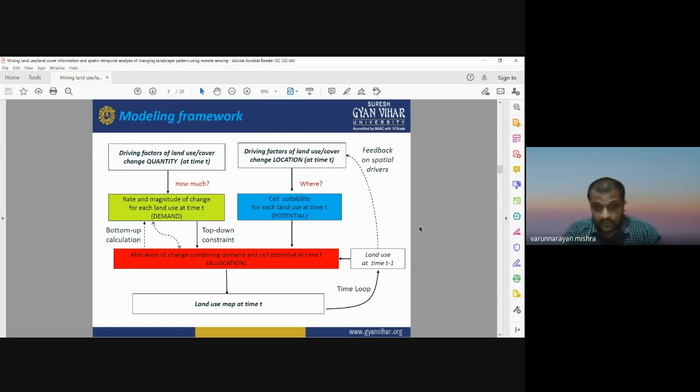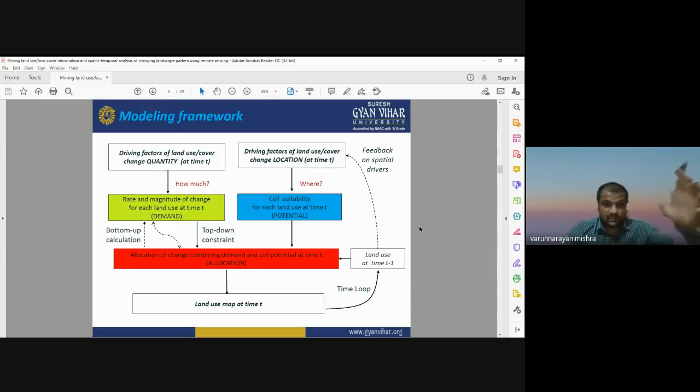So how much and where? How much provides us the information about the demand, the rate and magnitude of the changes. Where provides us the location, the potential site, potential location of any kind of change.